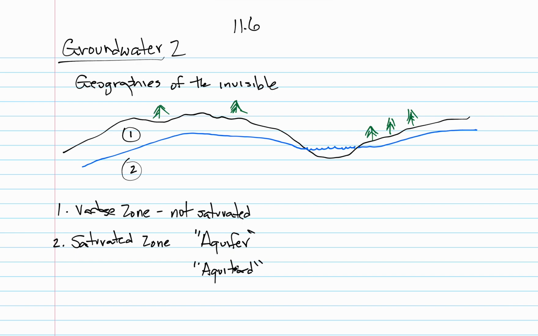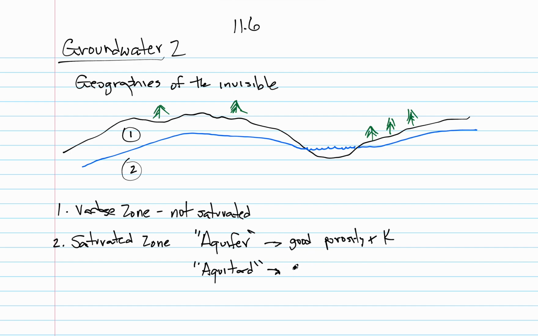So this is rock or sediment in the saturated zone below the water table, but the aquifer has good porosity and permeability. I'll put K for hydraulic conductivity for that.